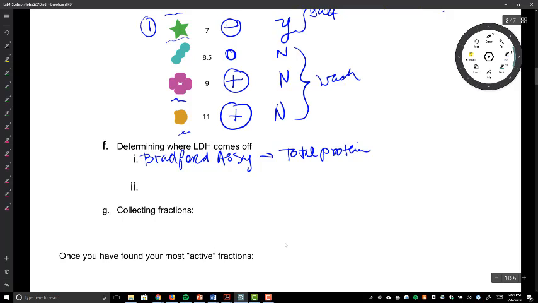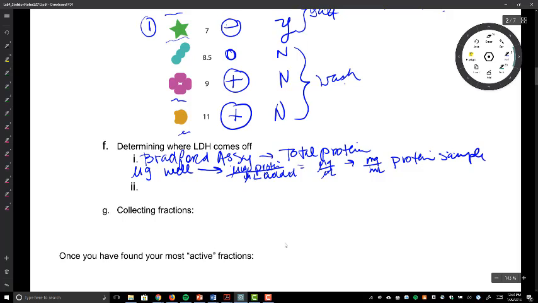The way that we do that is by determining the micrograms of protein in the well, dividing the micrograms of protein added by the microliters added to that well to get the microgram per microliter, or milligram per milliliter, concentration of protein in your sample as a whole.